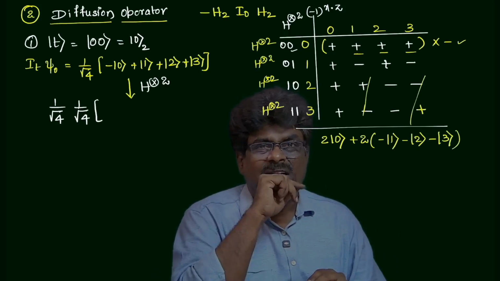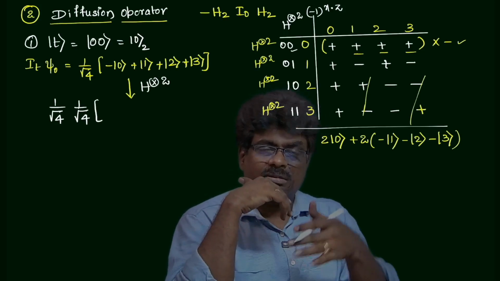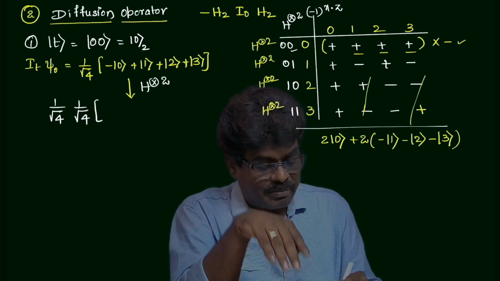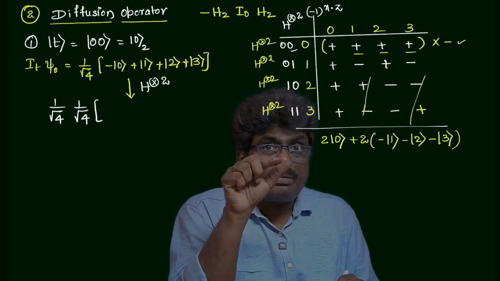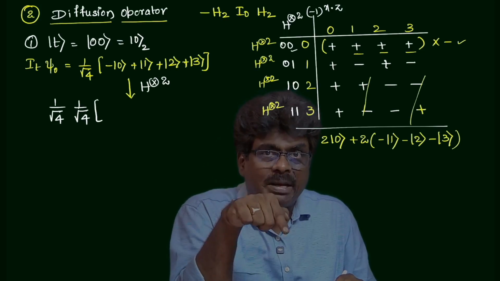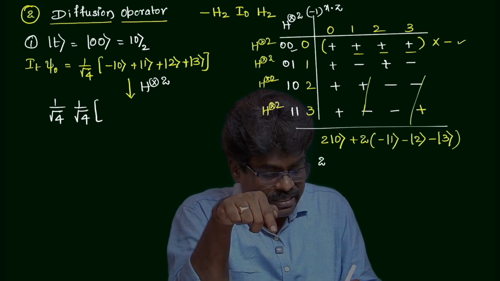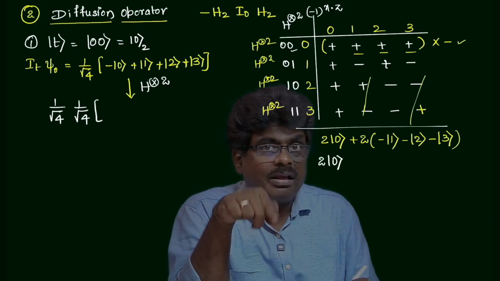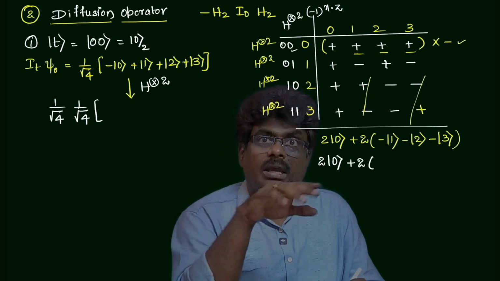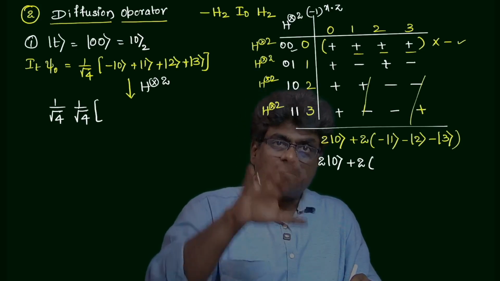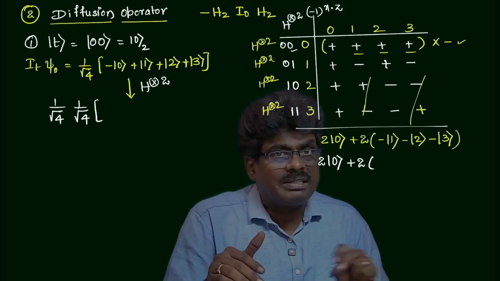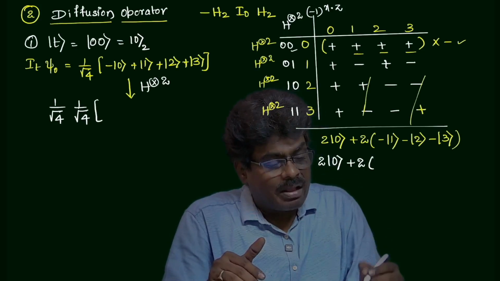Fine. How to remember? Always shall we add like this? Then I will tell you a small trick. It's very easy. I told you after the first Hadamard, the amplitude of 0 state will become N minus 2. It is fixed. That's why it is 2 into 0. See, after that how I am writing. Always plus 2, for any number of qubits, it is always plus 2 into. How to remember these phases? It's very simple.